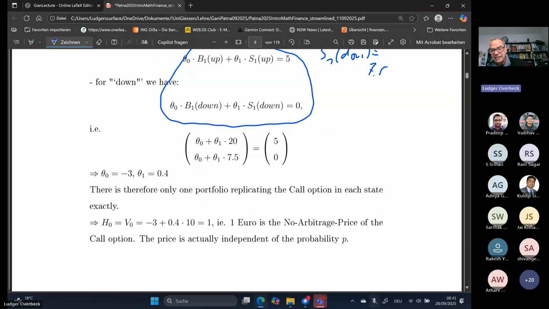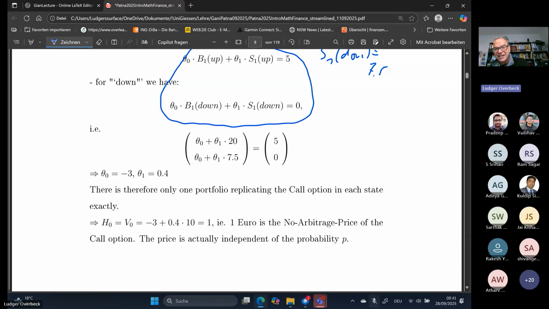Of course, we will see later a mathematical definition of this, but the idea is if you have something which has the same value at a future point in time, it must have the same value at every time before. Because if it's not the case, you buy the cheaper one, and later you exchange it for the more expensive product.